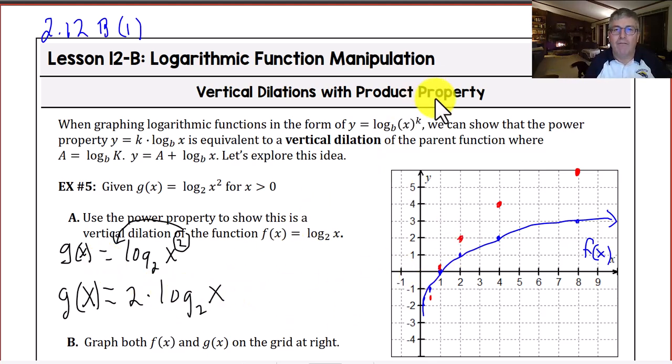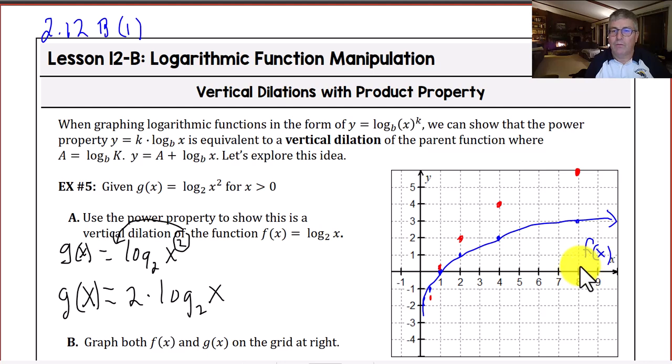And sure enough, I've gone ahead and in red plotted the points for 2 times log base 2 of x. We still go through the point (1, 0), but at x of 2, we have a y value of 2 instead of 1. At x of 4, we have a y value of 4 instead of 2.